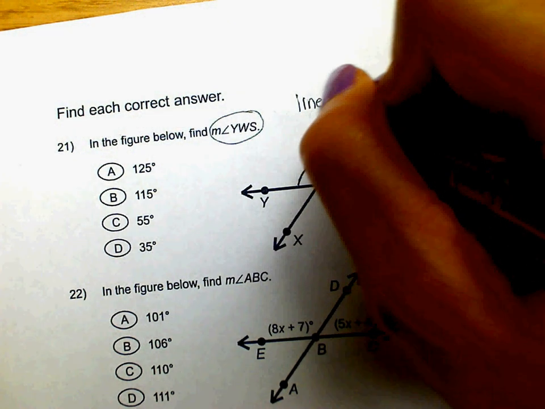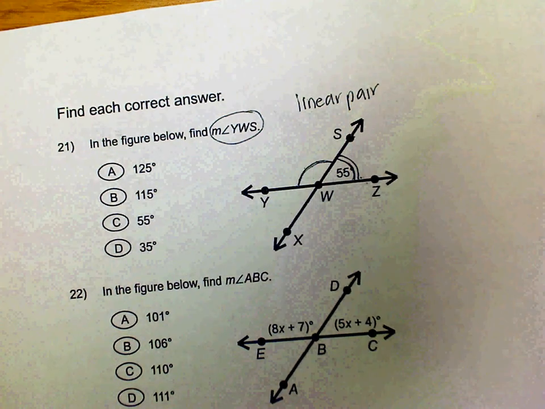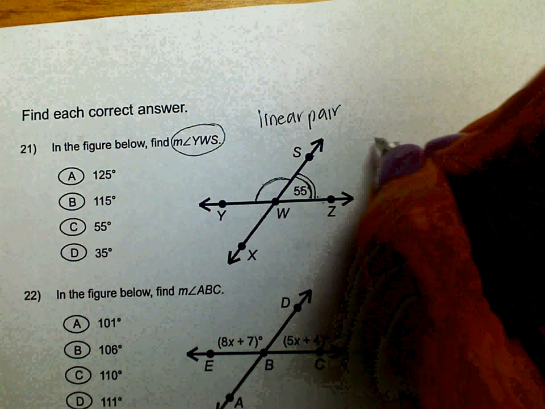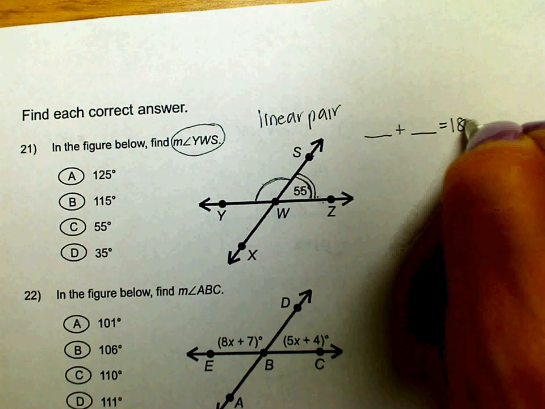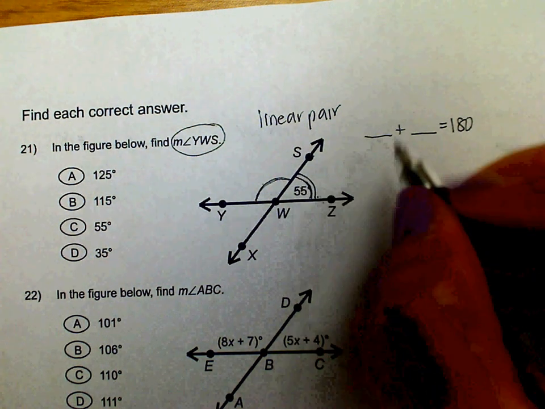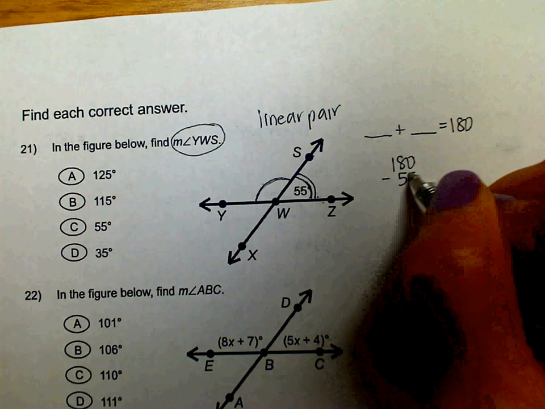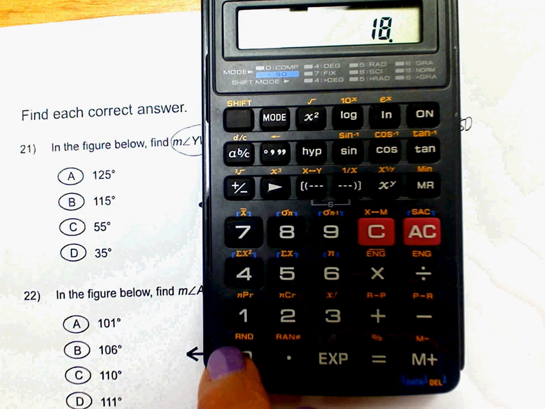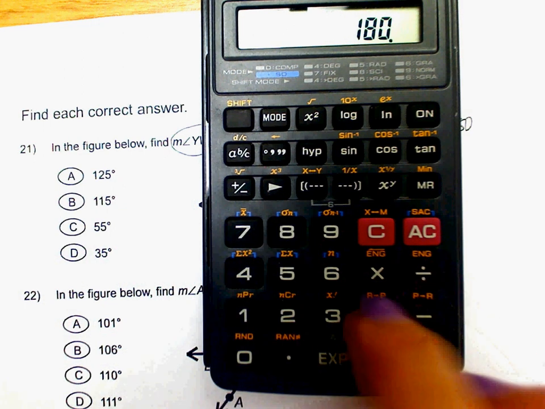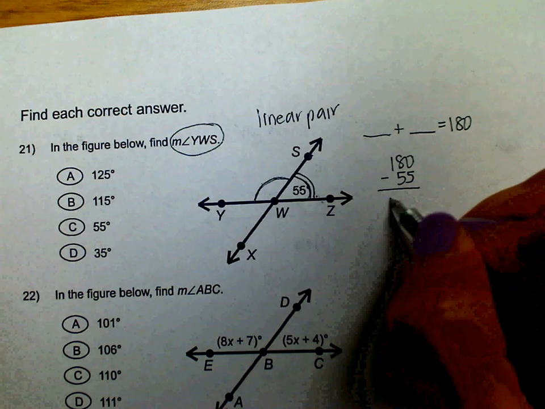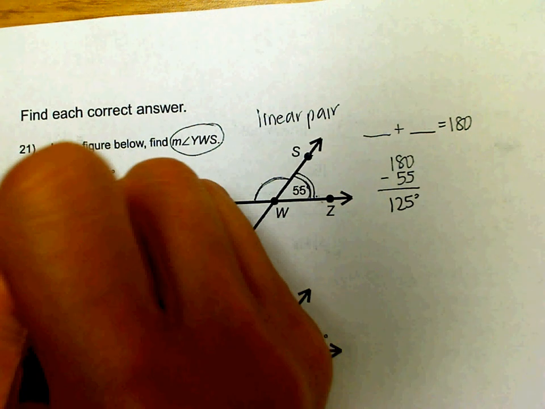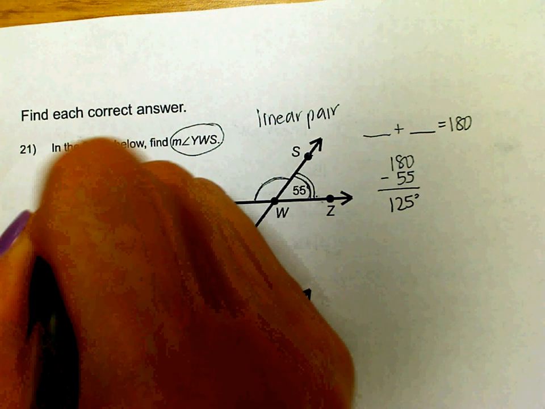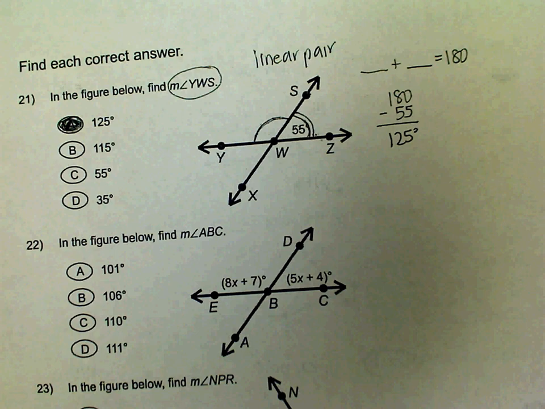And linear pairs are supplementary, so blank plus blank equals 180. But since this is just a number, you could just take 180 and subtract 55 to find the remaining angle. So 180 minus 55 equals 125. And that's actually your answer. It's like a 5-second question, maybe 10 seconds if you have to think about what this means.